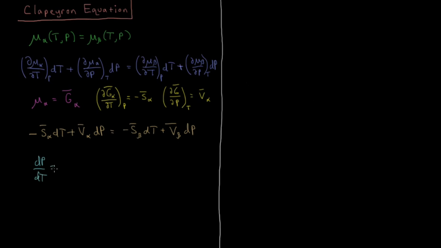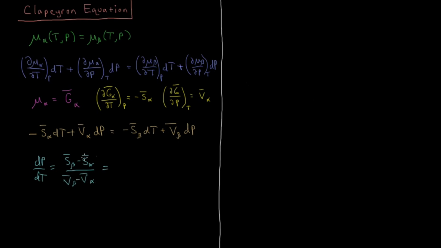What you should get is that dP divided by dT is S bar beta minus S bar alpha over V bar beta minus V bar alpha. Again, that's just algebraic rearrangement of this equation here. And these quantities are the transition entropy and the transition volume of the given phase change.